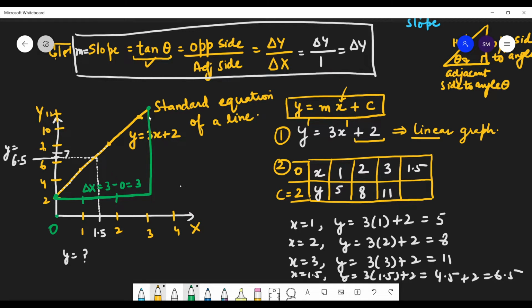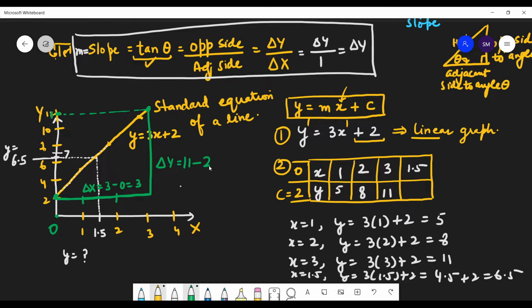Now let us find the change along the y-axis. See, this is 11. What is your final position on the y-axis? 11. And what was your initial position? 2.